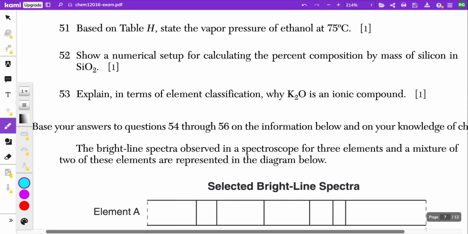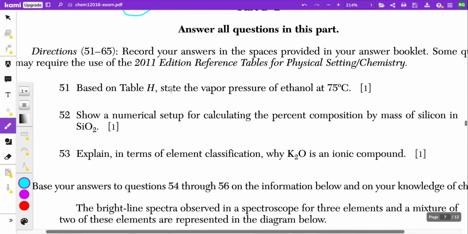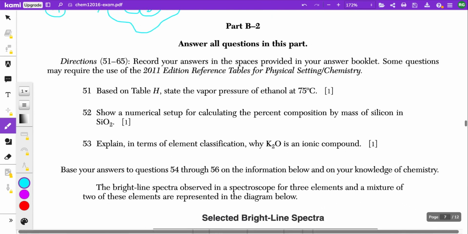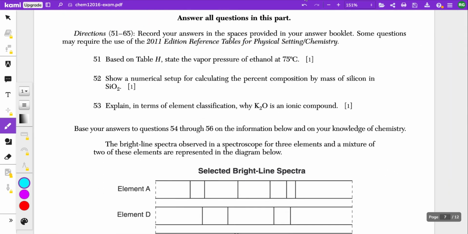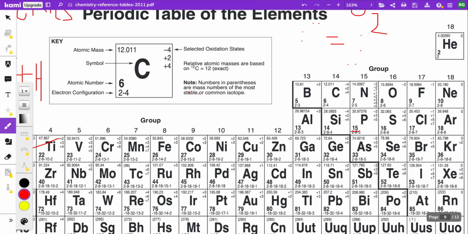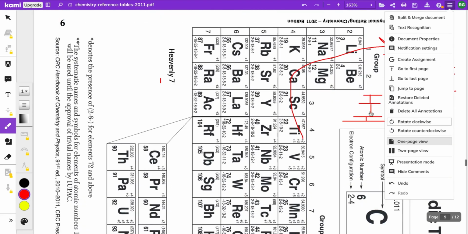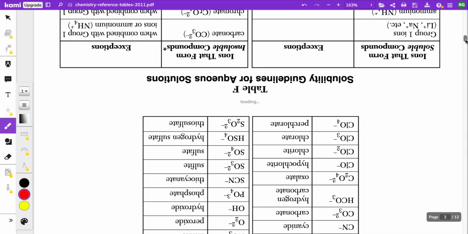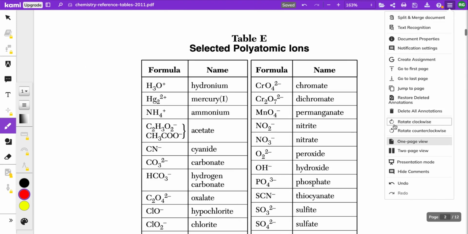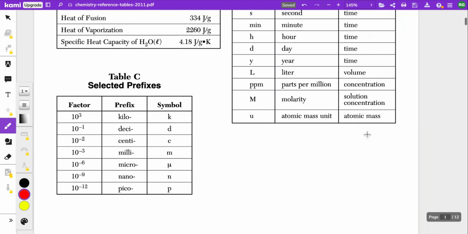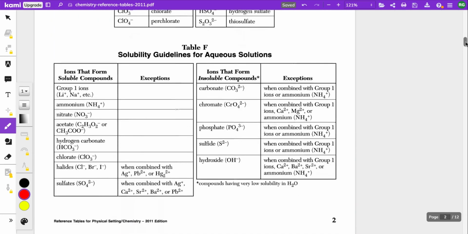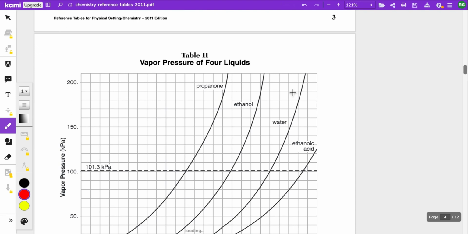Now we are moving on to the non-multiple choice questions. Based on Table H, state the vapor pressure of ethanol at 75 degrees Celsius. Let's go to that table.